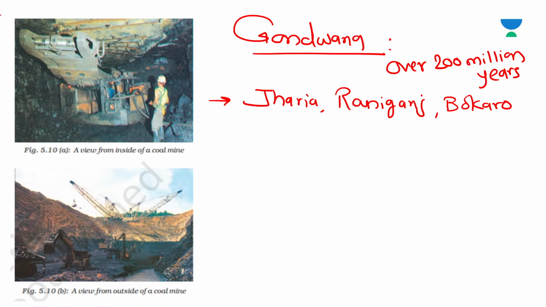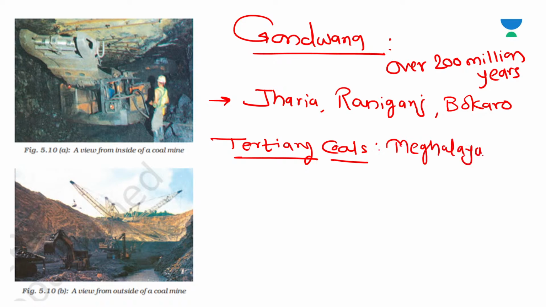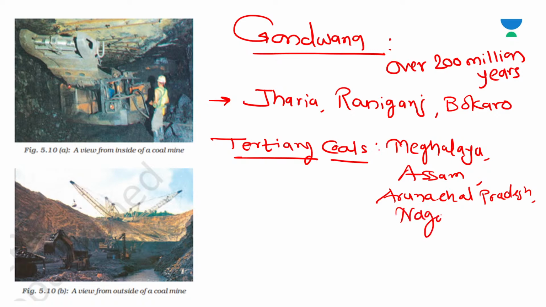Now, tertiary coals occur in the northeastern states of Meghalaya, Assam, Arunachal Pradesh, and Nagaland.